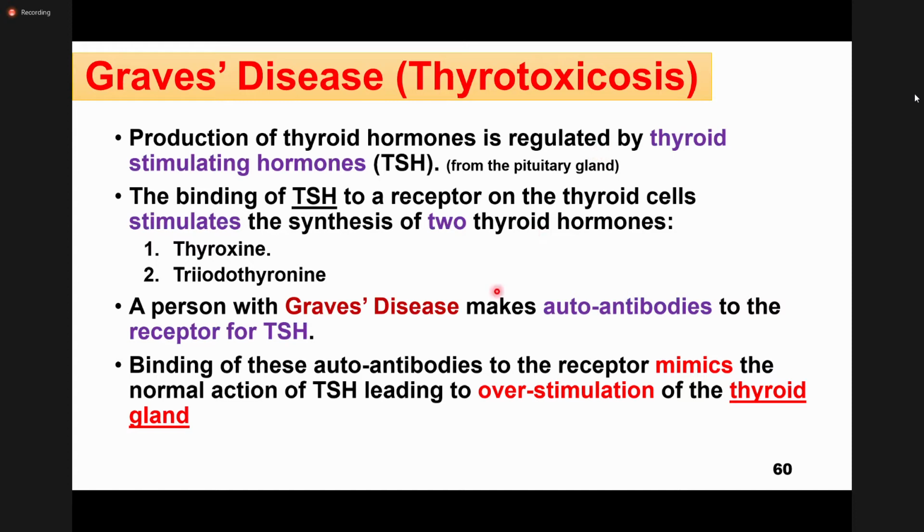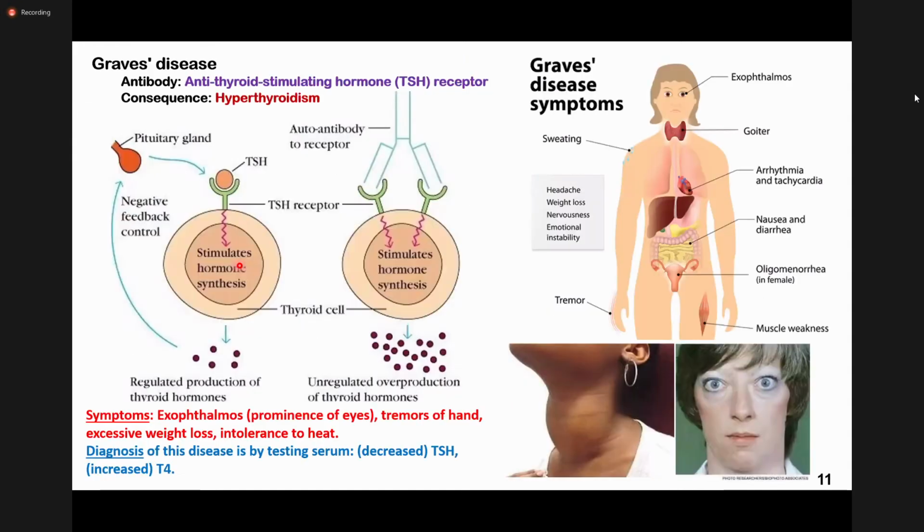But in the person who has the Graves disease, the autoantibodies are bound to the receptor of TSH. As a result, it will stimulate the production of thyroid hormones, causing this kind of goiter, you see, okay, and different symptoms in different parts of your body.